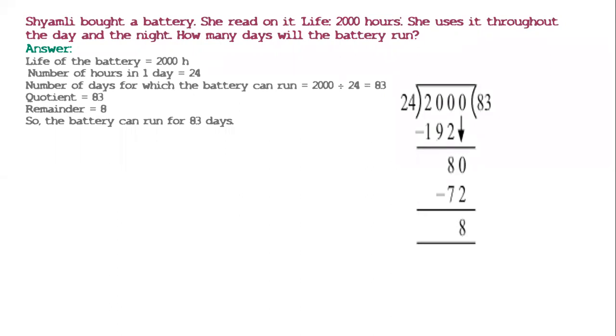Sir, quotient is 83 and the remainder is 8. Yes, 83 is the quotient.